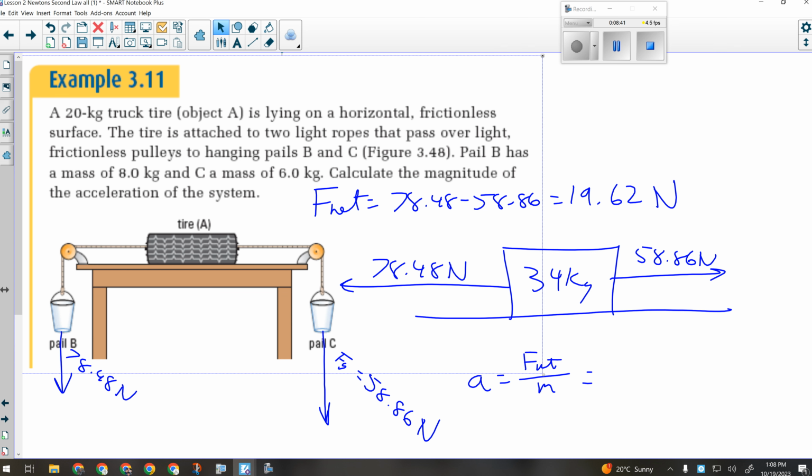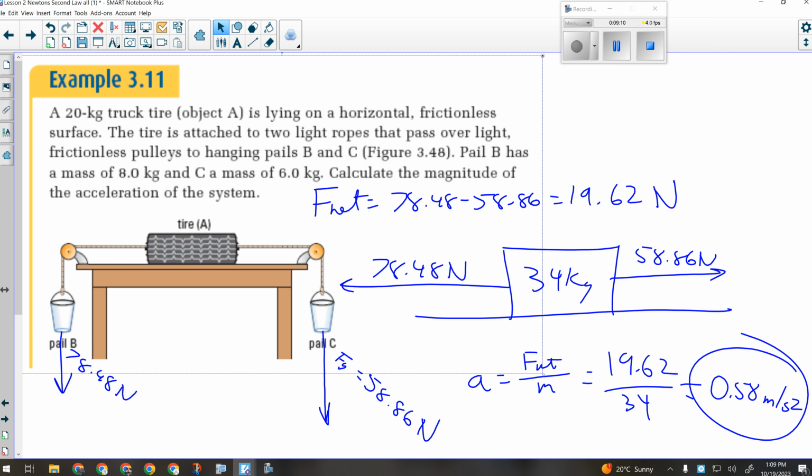And so that's going to be 19.62 divided by 34 kilograms. 19.62 divided by 34 is 0.58. We have two significant digits there. And I can't put a vector on that because that's the acceleration of the system.